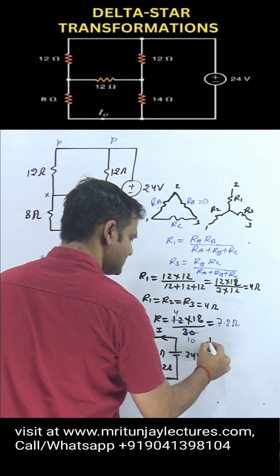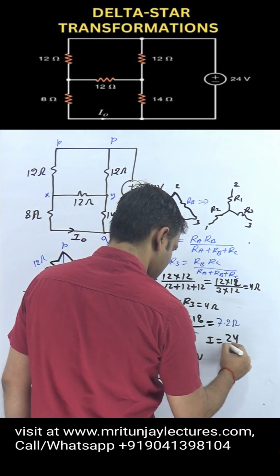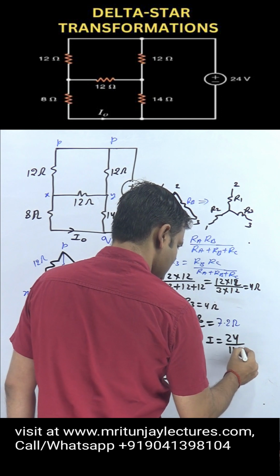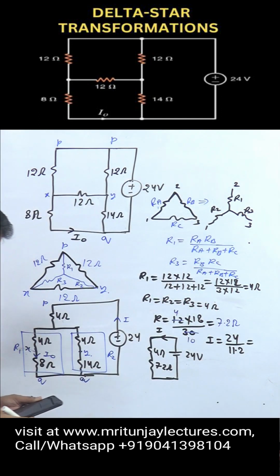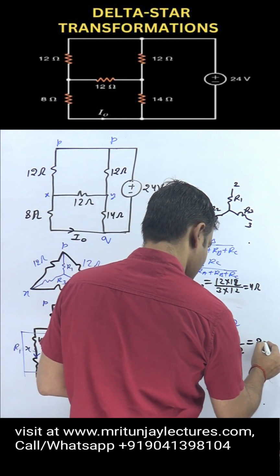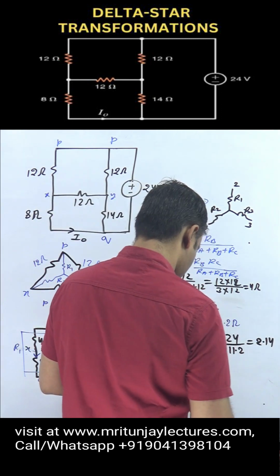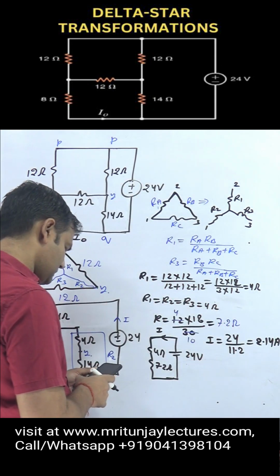I is written as 24 divided by 11.2. That is 2.14 ampere. Clear or not?